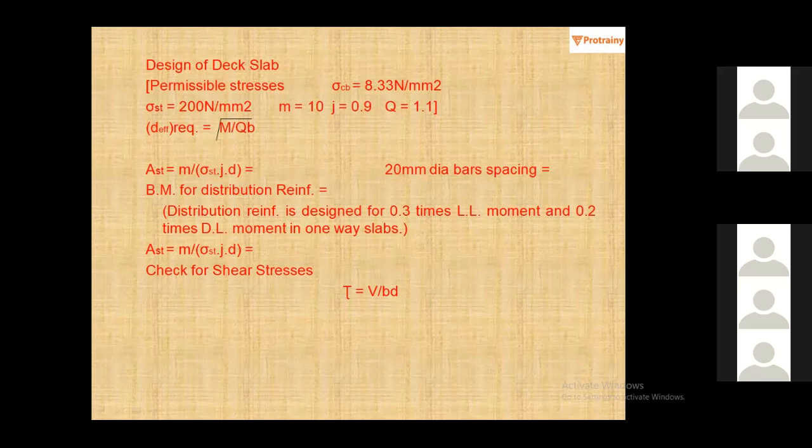Sir, why are we doing the working stress method? Because only recently, in 2020 and 2021, the IS code introduced the limit state method for bridge design. But that is just in a draft form. It has not yet received approval.